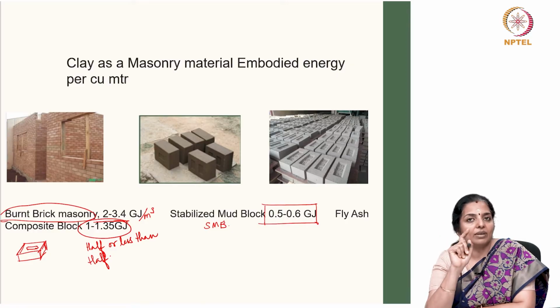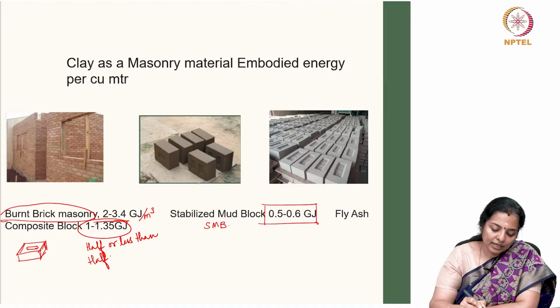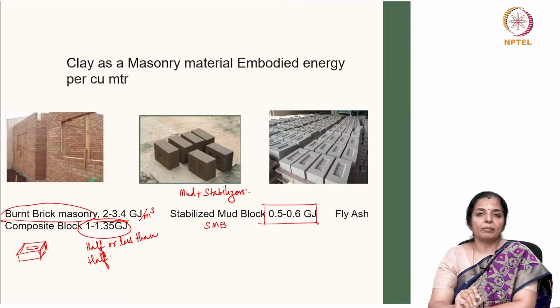If it is lime, it becomes even more environmentally friendly, with of course a mixture of water. After 28 days curing, these blocks are used for wall construction. So, this becomes a combination of mud plus stabilizers, which are mostly cement and lime.